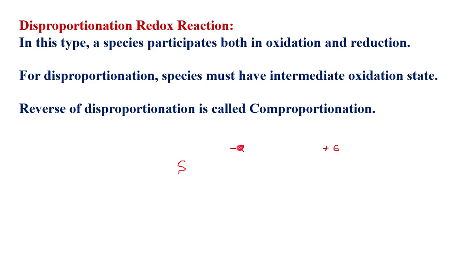That's why minimum it can show -2, maximum it can show +6, right? So it cannot show more than +6 now. इससे ज़्यादा पॉसिबल नहीं है. मतलब +6 में अगर ये सल्फर ऑक्सीडेशन स्टेट +6 है इसका, तो ये और इंक्रीज नहीं कर सकता है. मीन्स इट कैन नॉट फर्दर अंडरगो ऑक्सीडेशन.